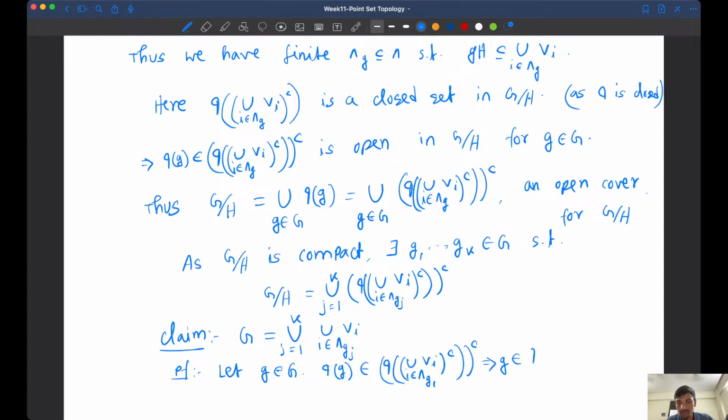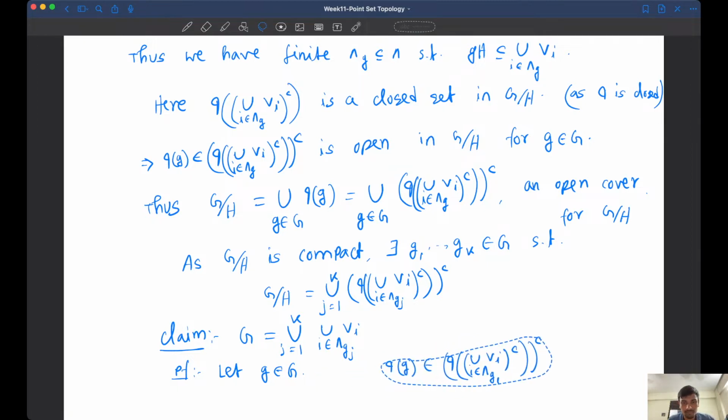Q inverse of, okay, this is first letter for some L belongs to 1 through K. Okay, and now this implies thus G belongs to the Q inverse of this set.